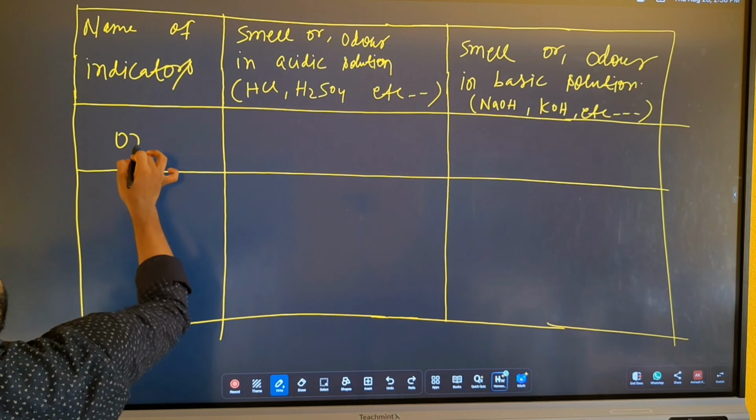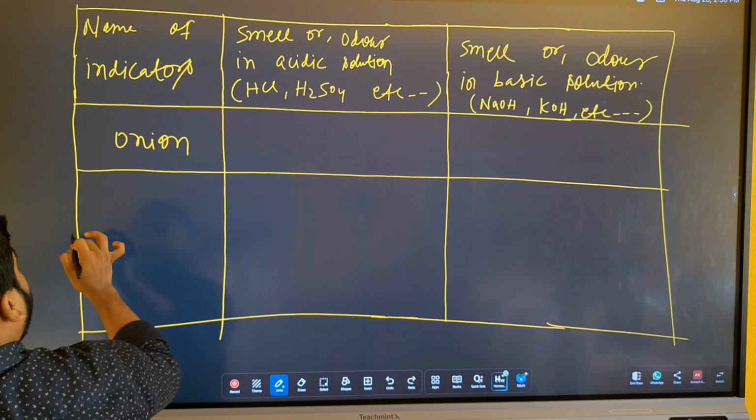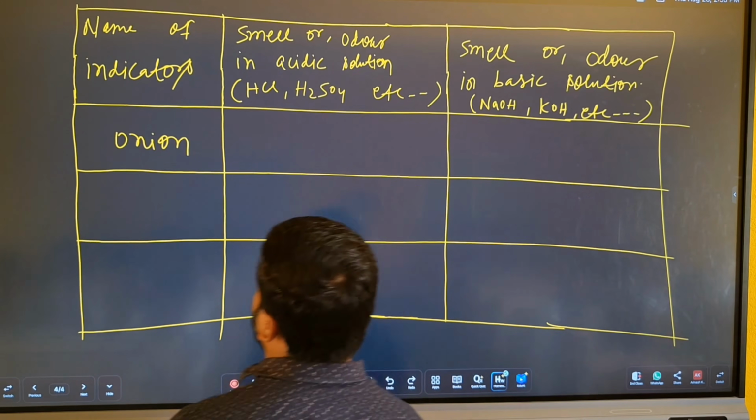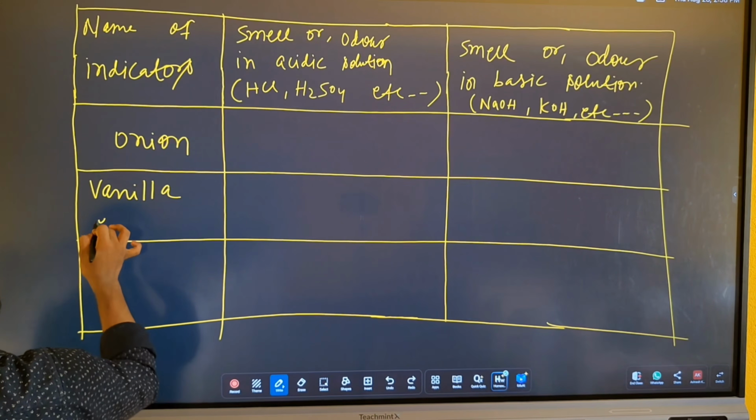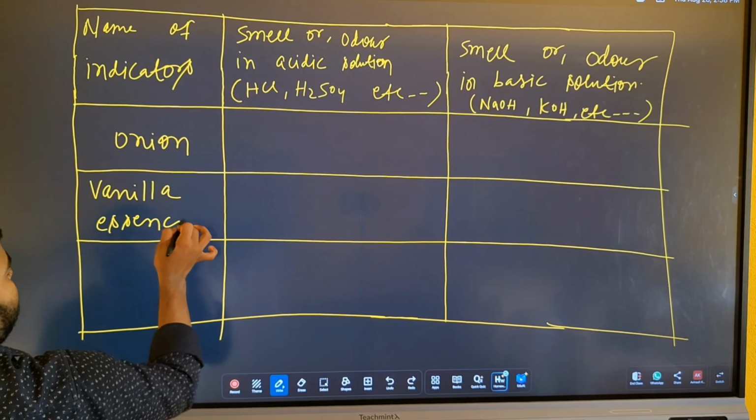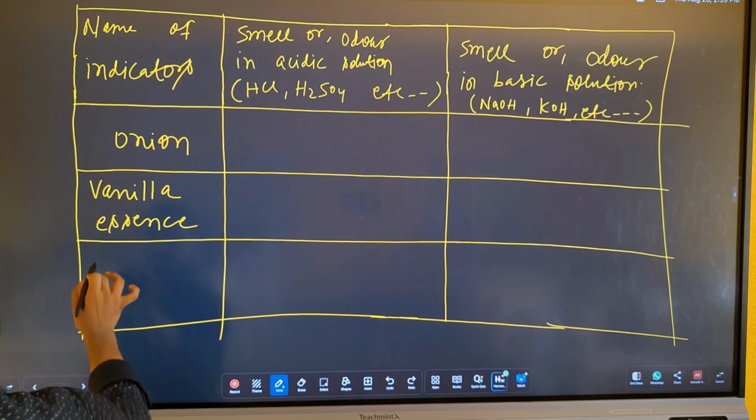First one is onion. Second one, vanilla essence. And the third one is clove oil.